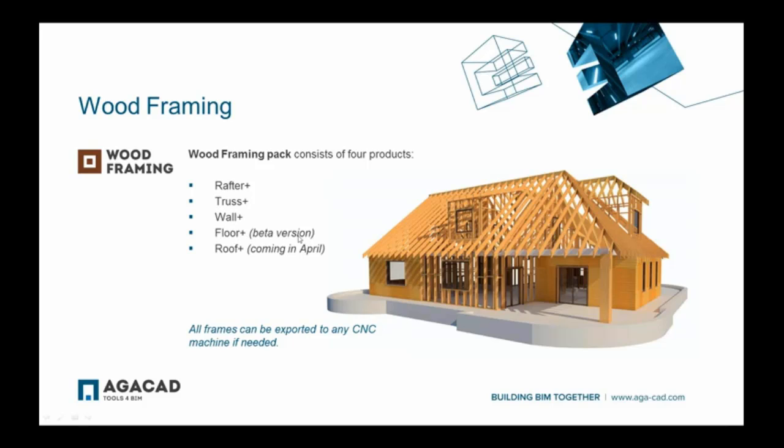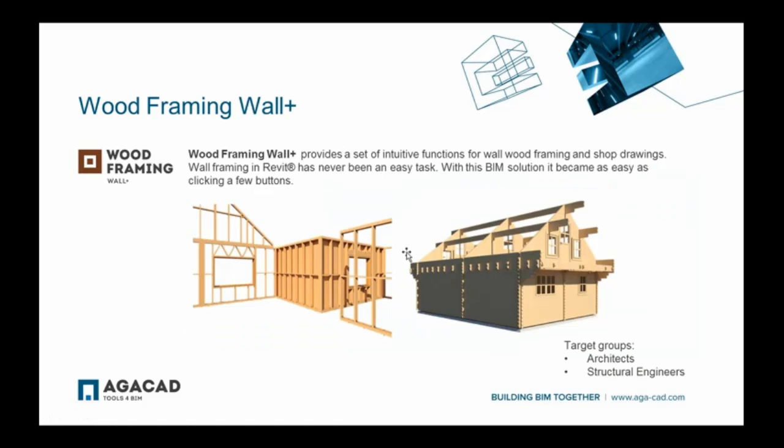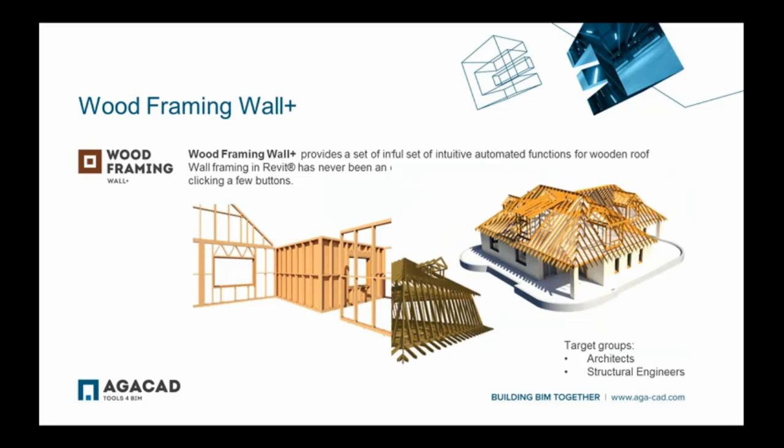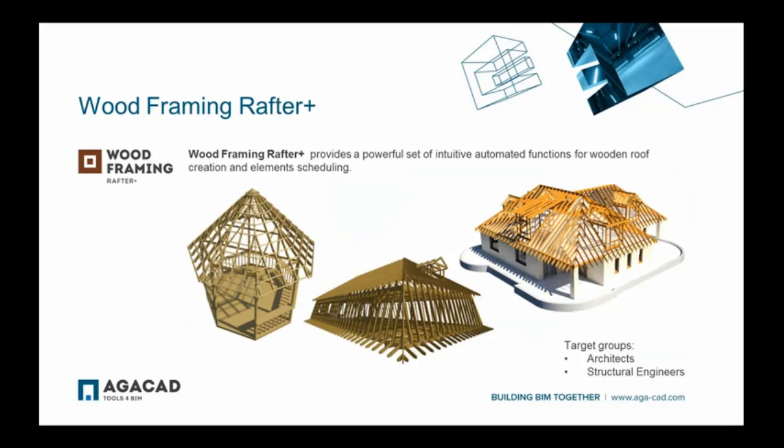At the moment we have a beta version of the Floor Plus, and we're going to release the Roof Plus. This product will be able to make panels on your roof. All frames that are created using those products can be exported to any CNC machine if needed. So let's start with the Rafter Plus.